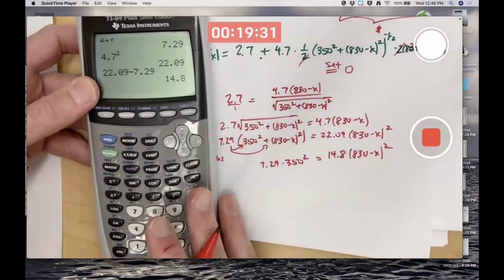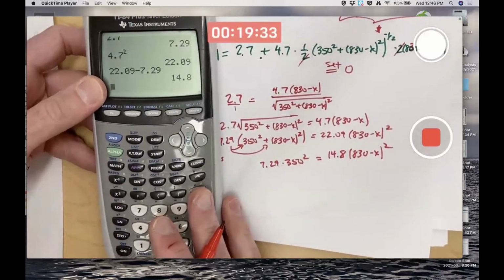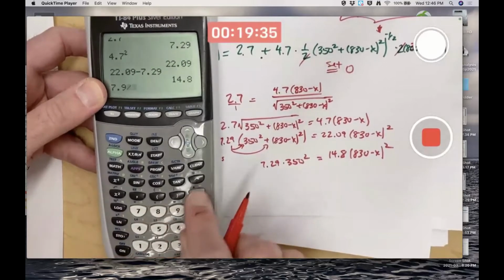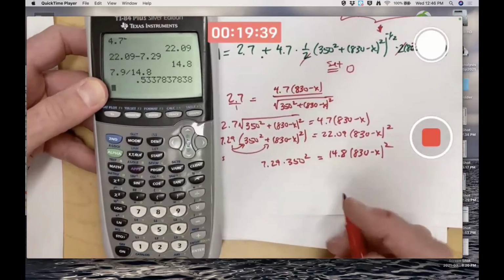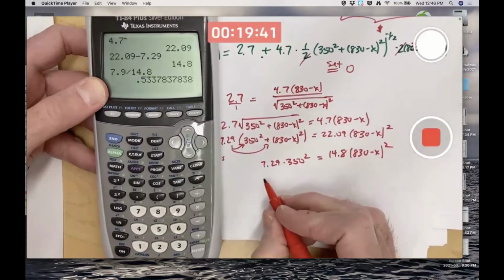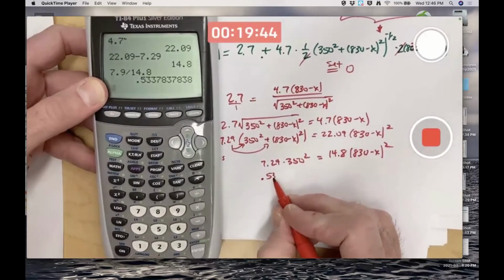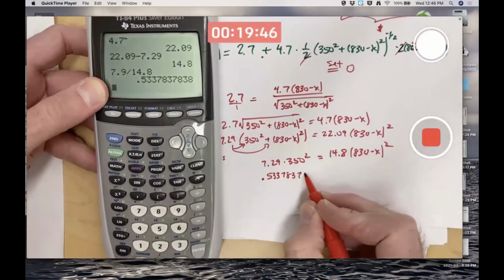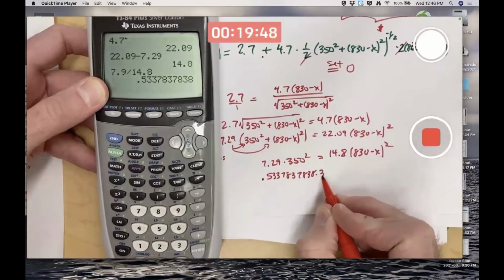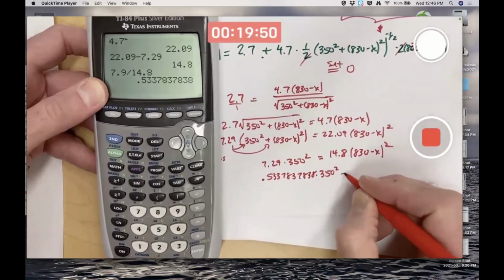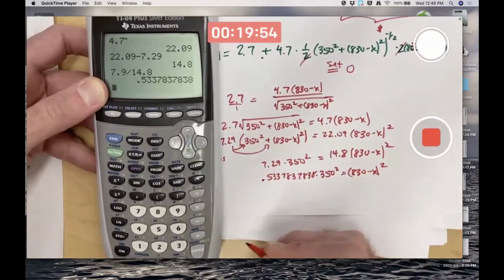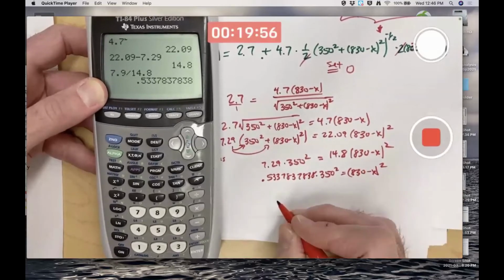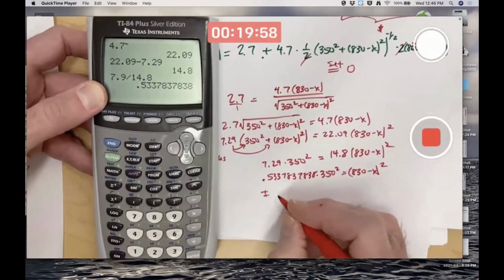Divide both sides by 14.8. 7.29 divided by 14.8. Not a very nice number. I'll go ahead and write it down anyway. 0.53378378838 times 350 squared is 830 minus x quantity squared. Now take the square root of both sides, allowing plus or minus sign on the left side.